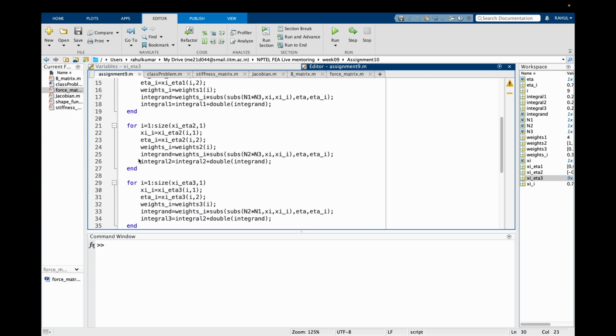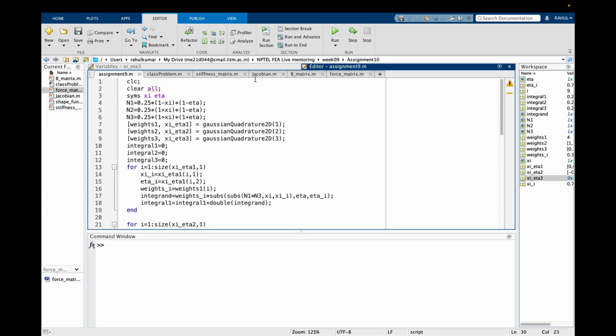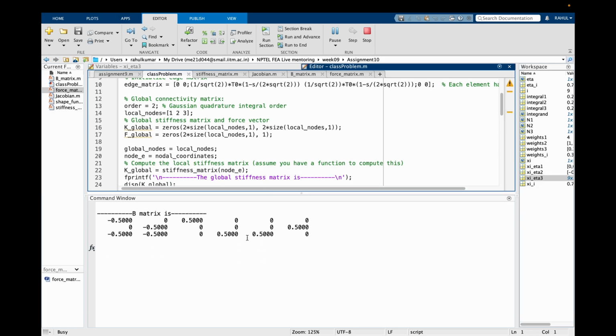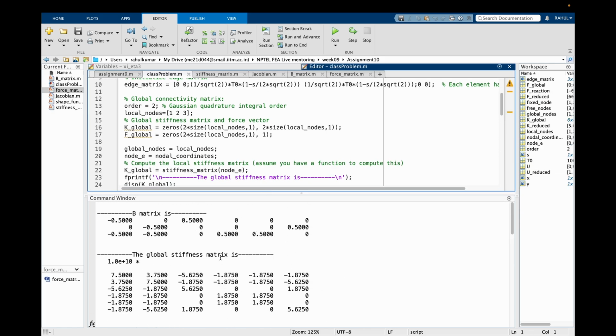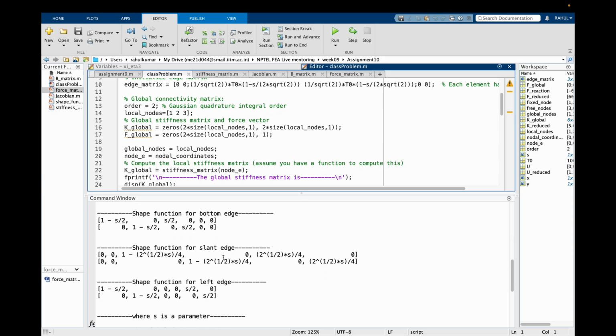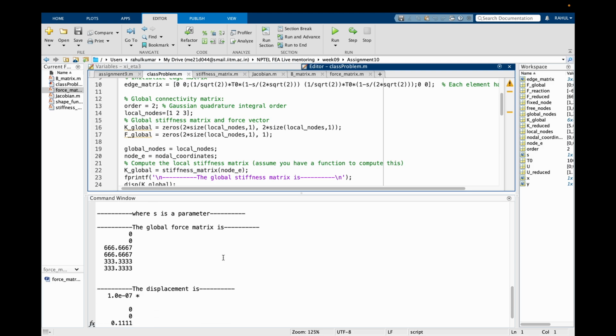So let's run this code and we will see the result. So this is the B matrix, this is the global stiffness matrix, shape function and everything.